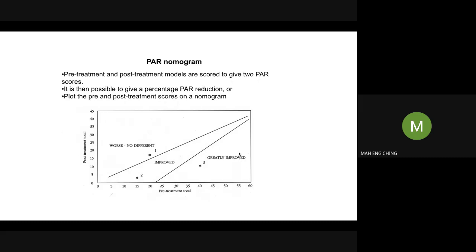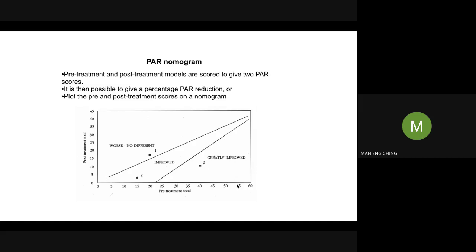Then after treatment, the patient has a score of 5. So you plot from the 5 to the right side, then from 55 go up. The point where they meet indicates whether it is greatly improved, improved, worse or no difference. So a PAR score of 55 to start with and 5 to end with means the patient has a greatly improved treatment result.